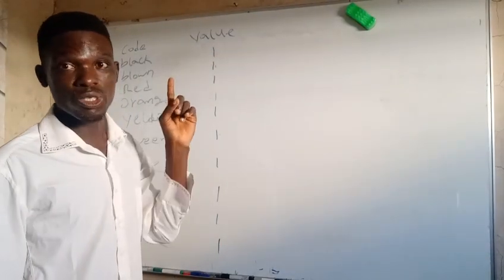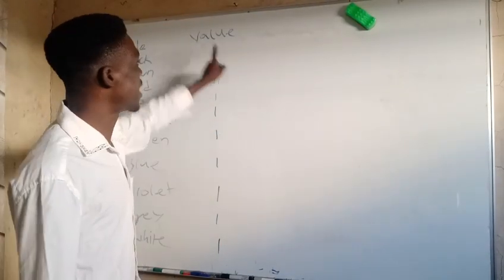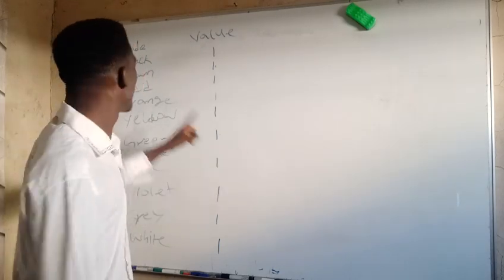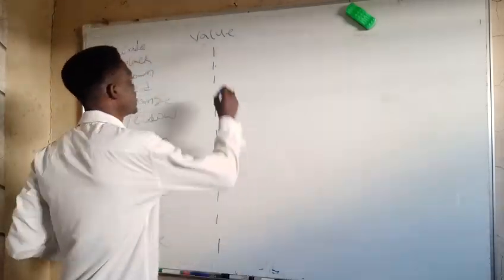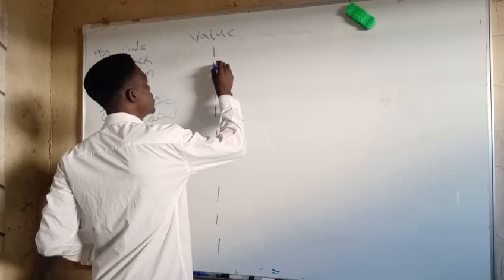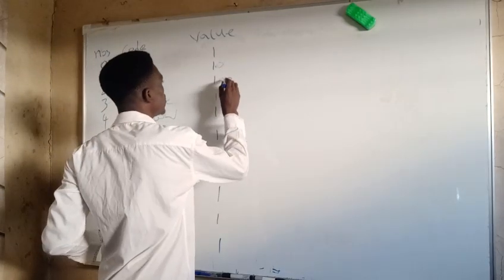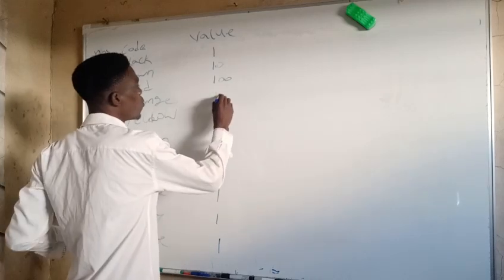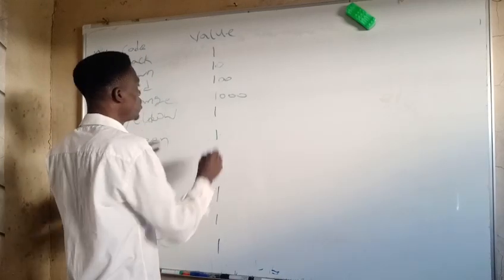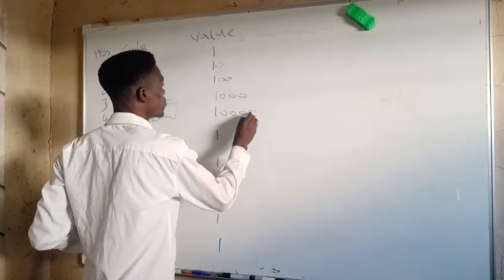Anything black is 1 in terms of value. Anything brown is 10. Red is 100. Orange is 1000. Yellow is 10,000.